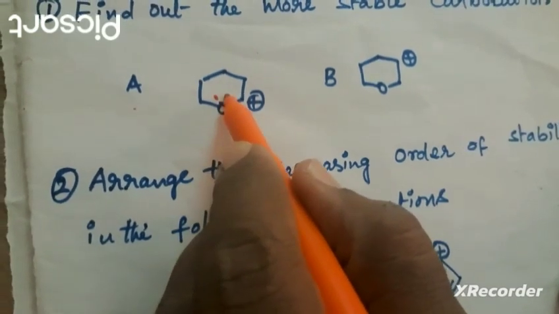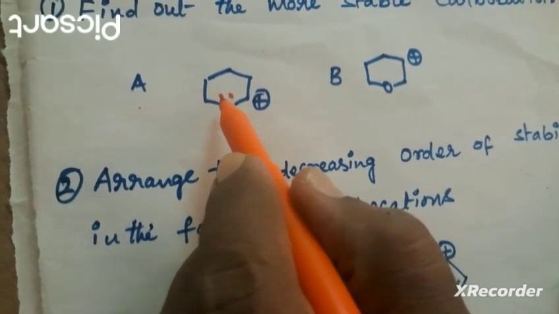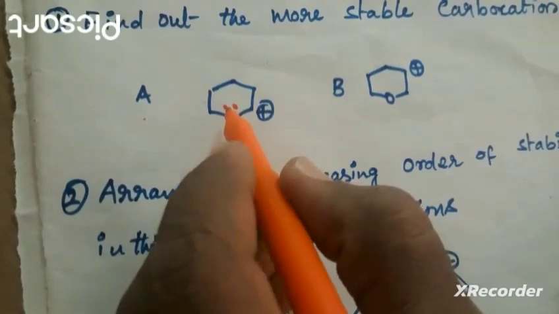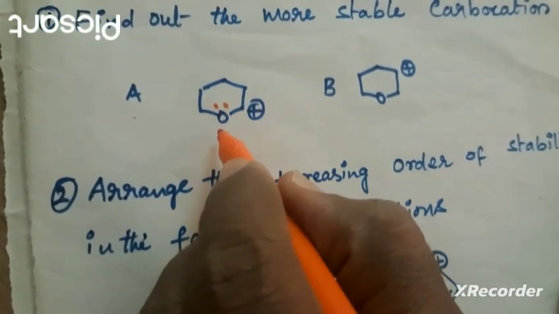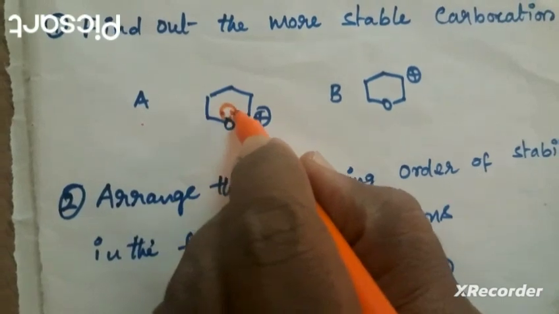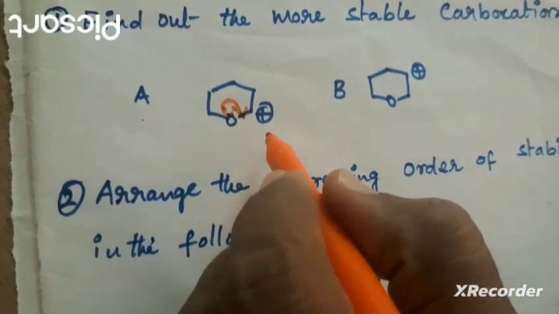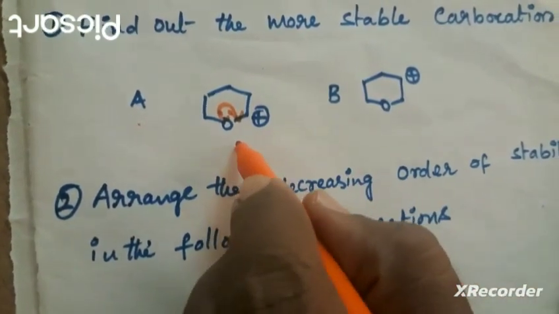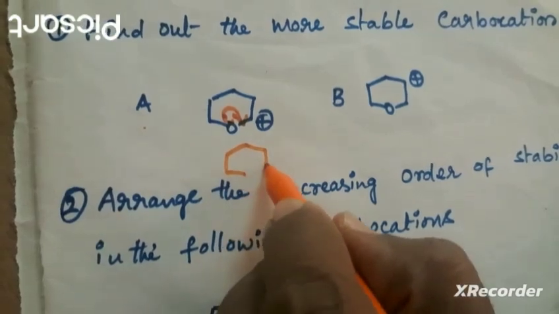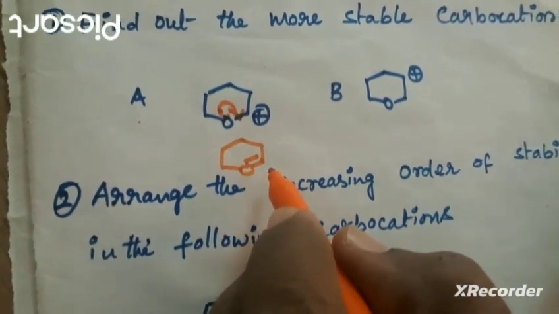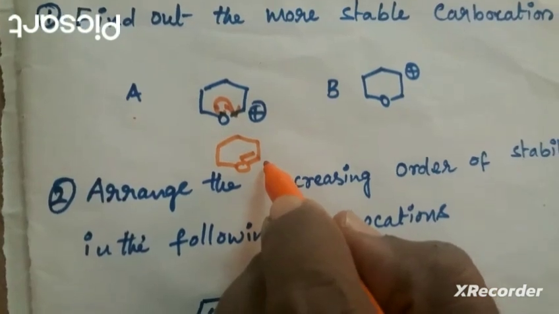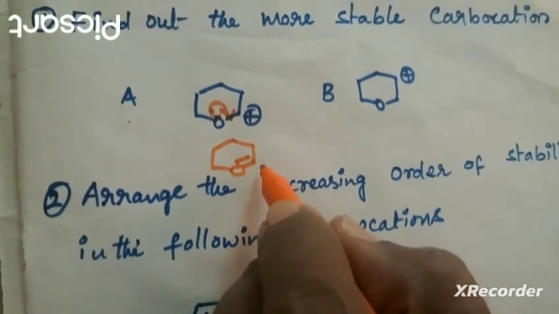The lone pair of electrons present on the oxygen is going to affect the carbocation, because this lone pair of electrons will shift to the adjacent carbon, and automatically the electron deficiency will be overcome.